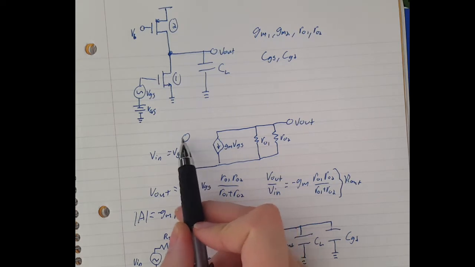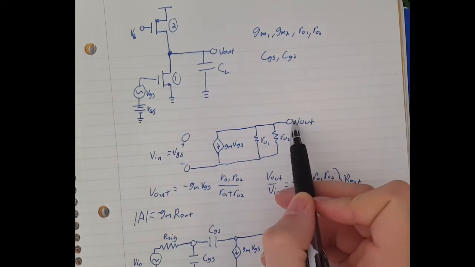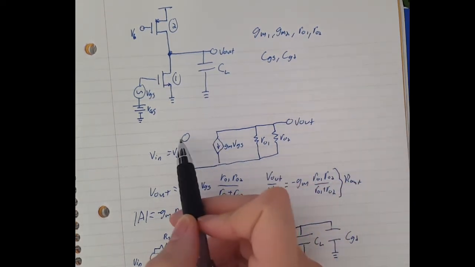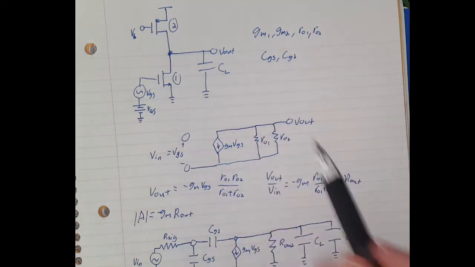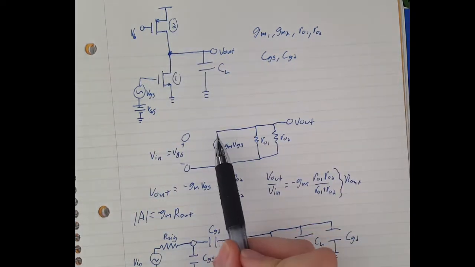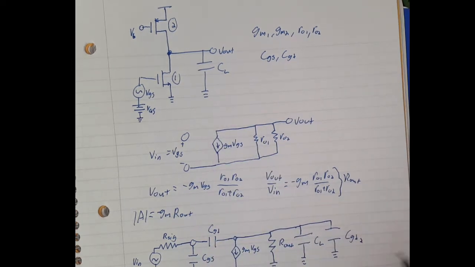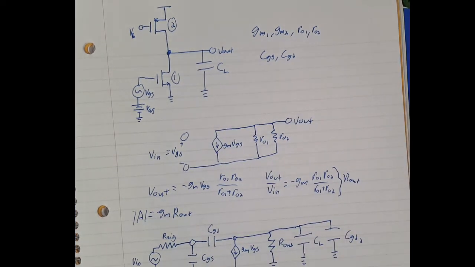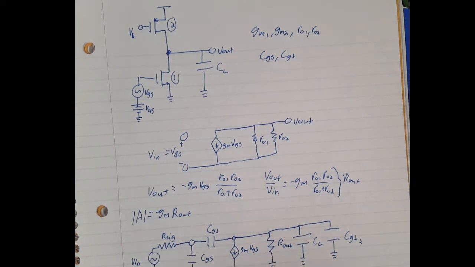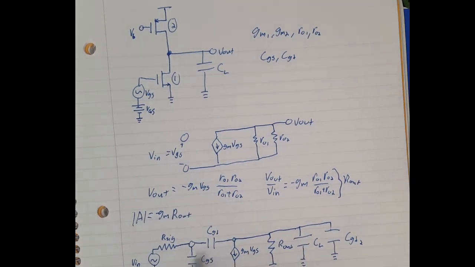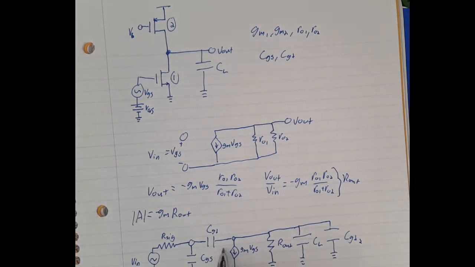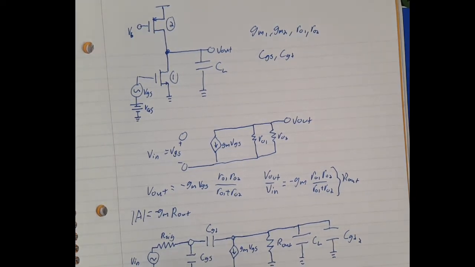So this is at ground, this is at ground, this is our V out. V out to ground is connected by CGD2 up here. So we just added it in down here. And so now we have our input section here and our output section here, but they're connected together by this capacitor, and that makes figuring out the transfer function kind of a pain.